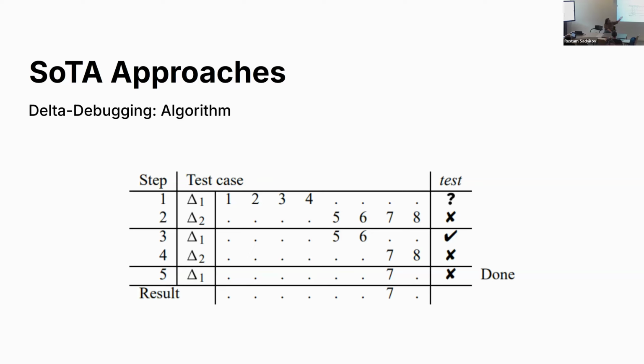For example, take the first 4 items, delete the second 4 items, and then execute compilation on the provided project, and then we receive some result. For example, we can receive that it's successfully completed, and it means that we just threw out something important.